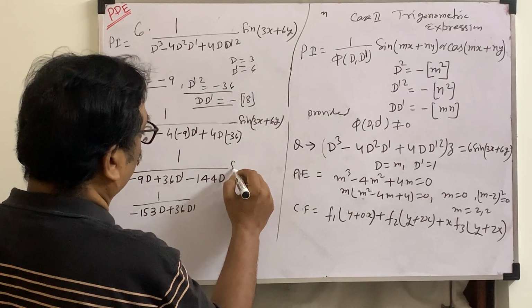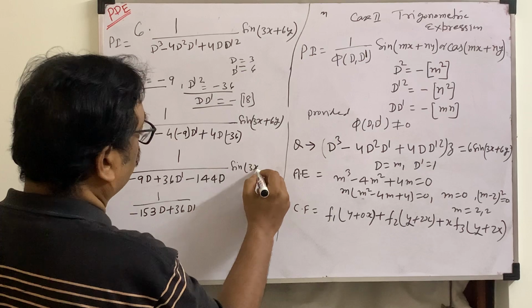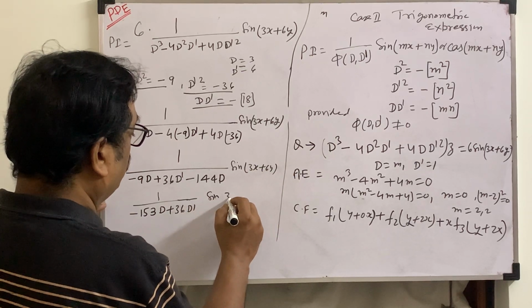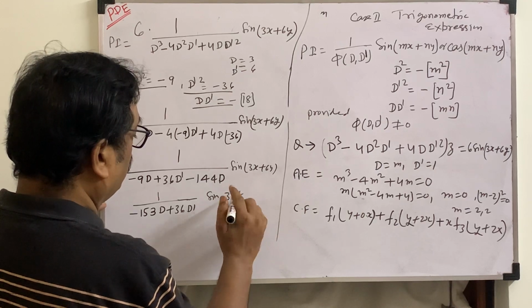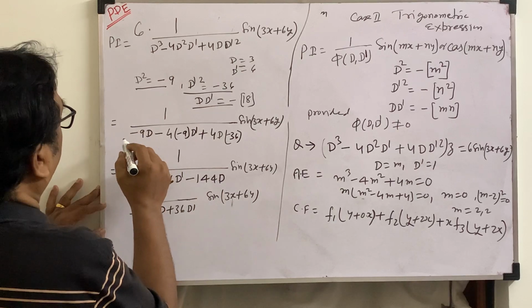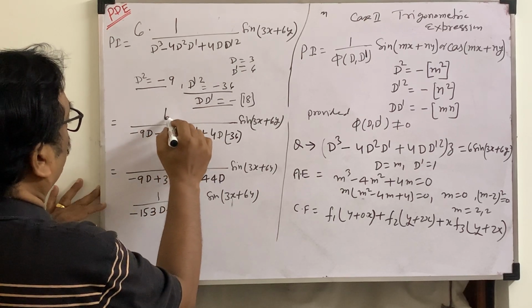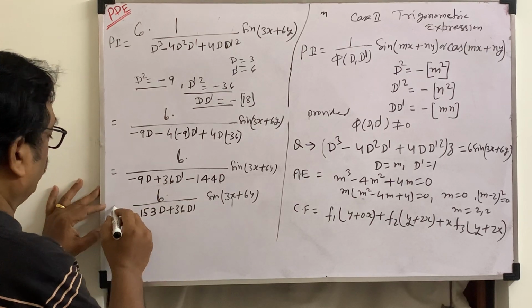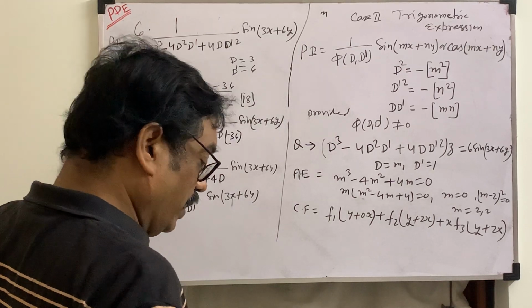Here you should continue with sine 3x plus 6y. Here also sine 3x plus 6y. This 6 you carry everywhere. Okay, now what do we get here?